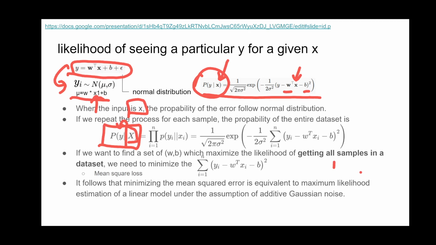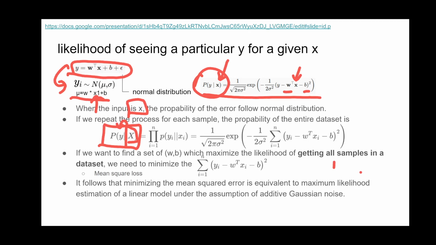And actually this term is the mean square error of the data set between the prediction of the model, which is W transpose X plus B here, and the label data. This is the error of one sample, and we square it and sum to get the mean square error.